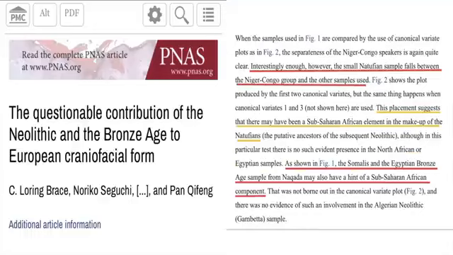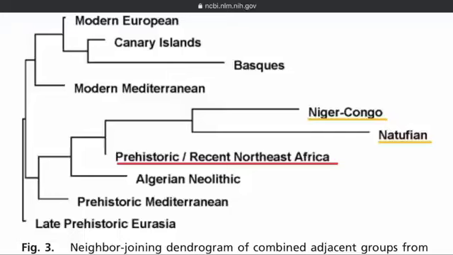Interestingly enough, however, the small Natufian sample falls between the Niger-Congo group and the other samples used. This placement suggests that there may have been a sub-Saharan African element in the makeup of the Natufians. As shown in Figure 1, the Somalis and the Egyptian Bronze Age sample from Naqada may also give a hint of a sub-Saharan African component.